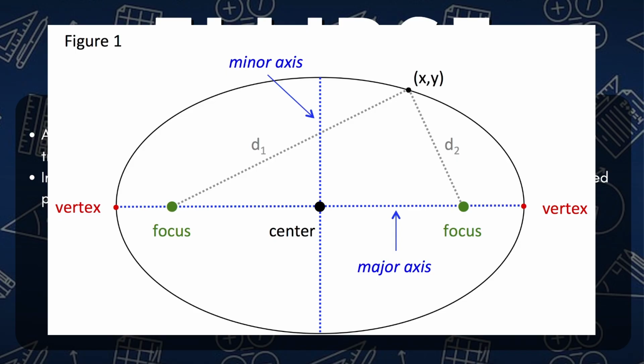Next is the center, which is the center point of an ellipse. The next one is the vertices, which are the 2 points of intersection of the ellipse and the major axis. The next one is the foci, the 2 foci. These are the 2 points, F1 and F2, whose distances from a single point on the ellipse sum to a constant.